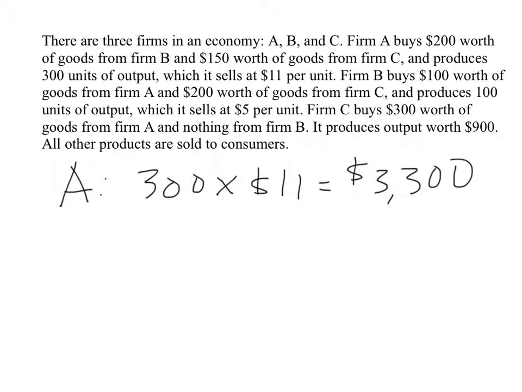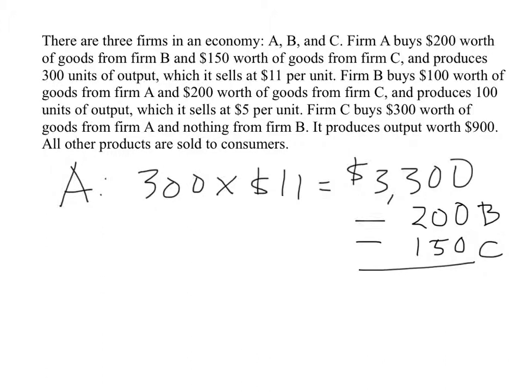Okay, so Firm A, we are told, actually produces 300 units selling at $11 a unit. So here's my 300 times 11 is $3,300. Now the question is, how much of this $3,300 is actually value added by Firm A? Since Firm A bought $200 from B and $100 from C, these are intermediate goods and must be subtracted.